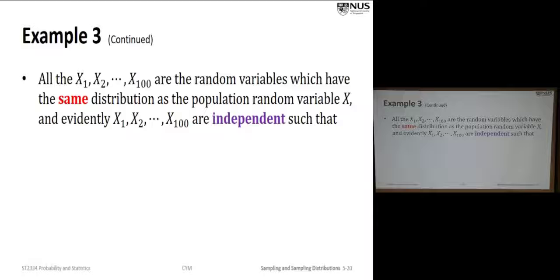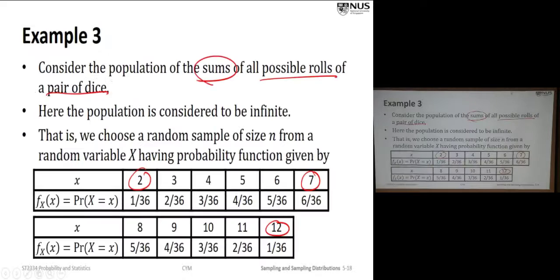It will not be different from what we showed two slides before. No matter whether it's the first roll or the 100th roll, the outcome will follow this distribution, the sum of the two numbers.